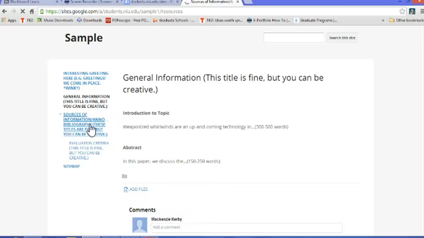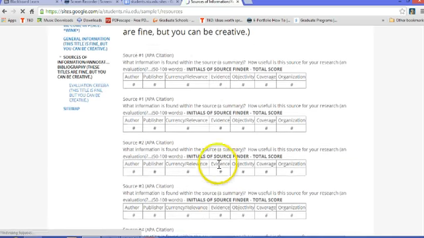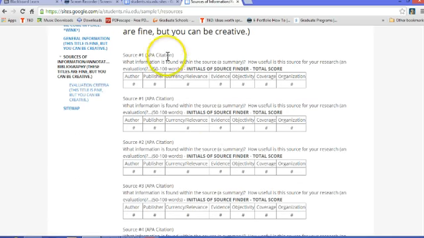Here's the sources information. Here's where you would list all of your sources. So source 1, our annotation, initials of the source, and once again our evaluation, source, source, source. You'll notice annotation, annotation, annotation, and your evaluative tool, evaluative tool, evaluative tool.